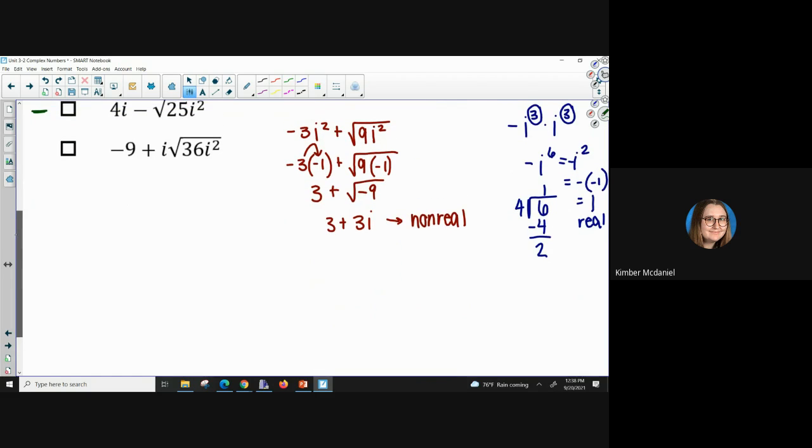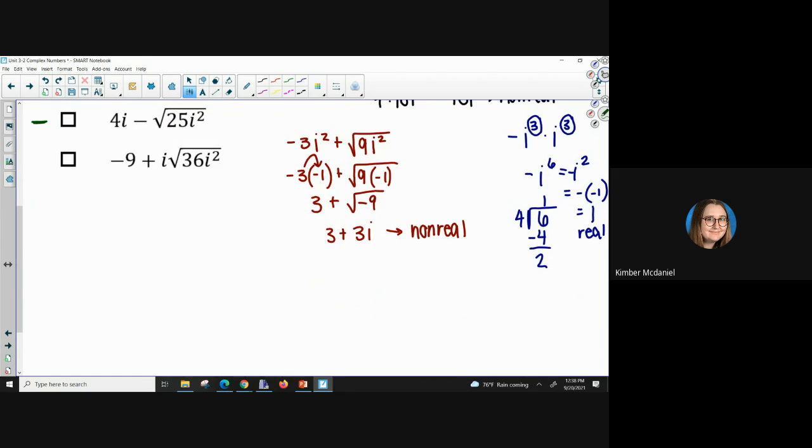So for this next one, we have 4i minus the square root of 25i squared. Again, you can go about these different ways. But again, I like to replace i squared with -1. You're not replacing i with anything because we don't ever replace i with anything. You leave it as i.